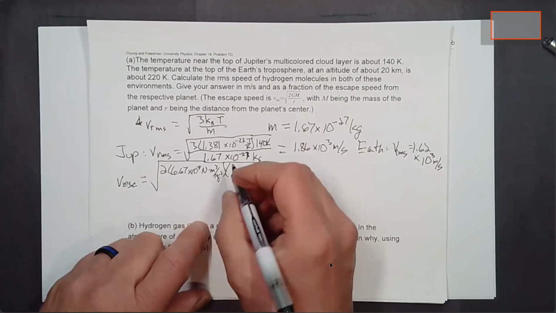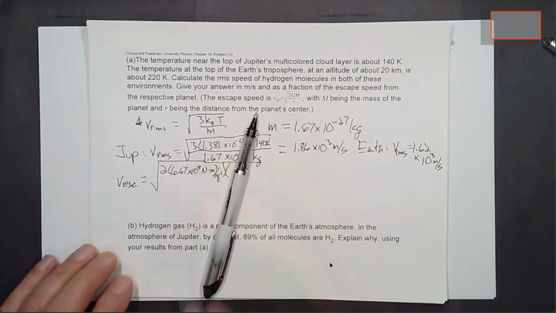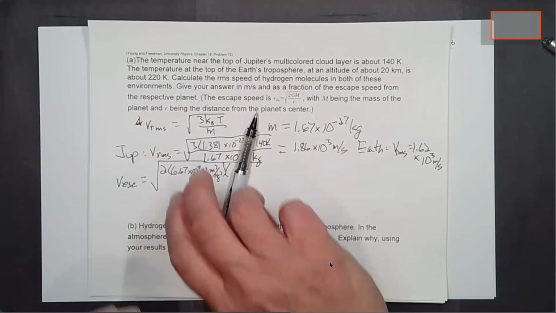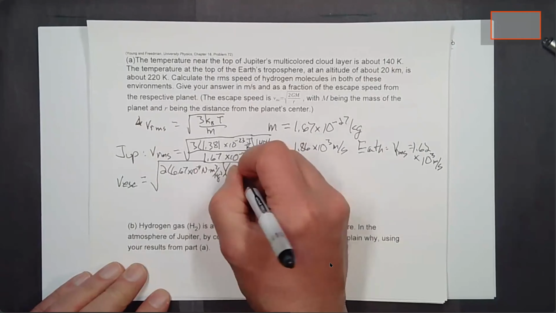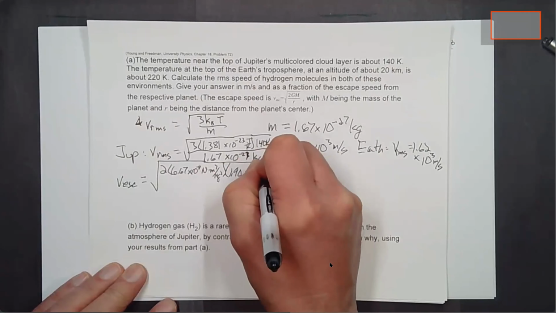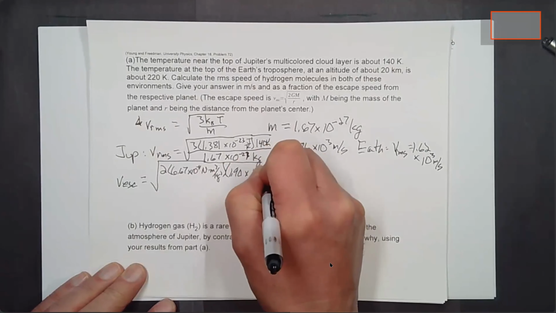Times the mass of the planet, which for Jupiter I need to look up. I can't remember if it's 1.99 or 1.90. It's 1.90 times 10 to the 27th kilograms.